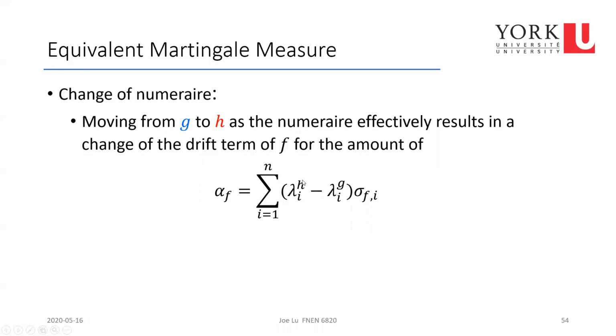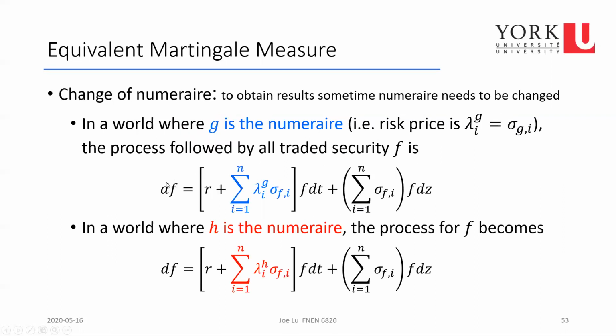So you're switching the risk price from G to H. So you have to add the difference here from the risk price G to risk price H. And that difference multiplied by the risk you have here is the total change of drift that moves you from this process using G as a numerator to this process where H is used as a numerator.